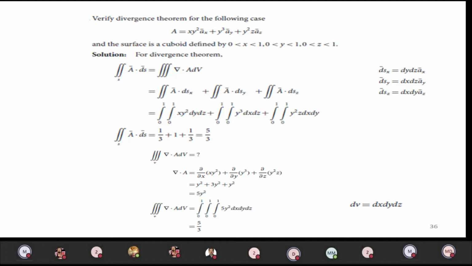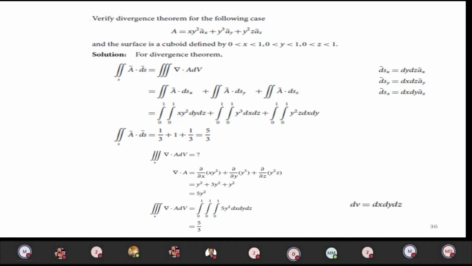Then separately, I will find the answer for the volume integral of del dot A into dV. If both answers are the same, then I can show that the above vector follows the divergence theorem.